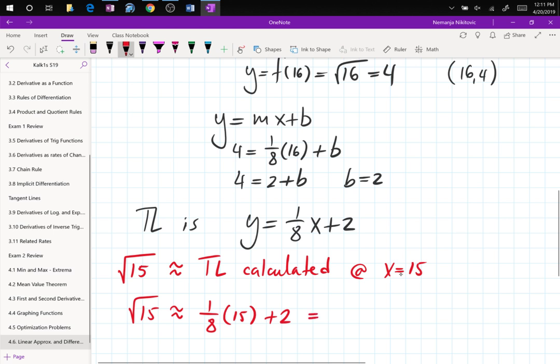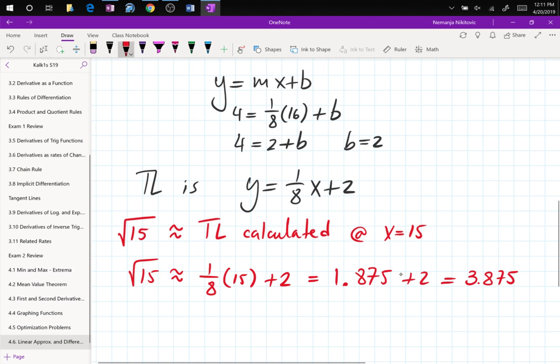So how much is 15 divided by 8? Well, it's 1 point, and then you have 7 left, right? So that's another 8, 7, 5 plus 2 to give me 3.875. So we found that the square root of 15 is this.